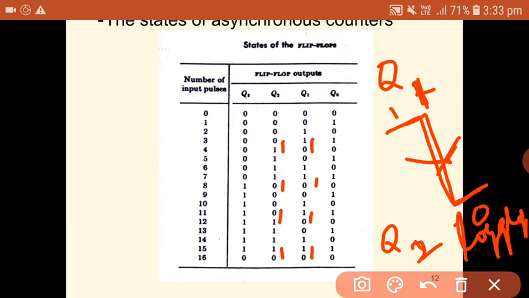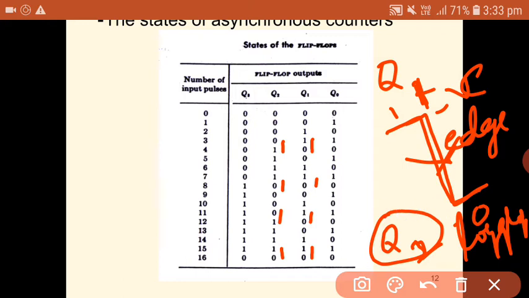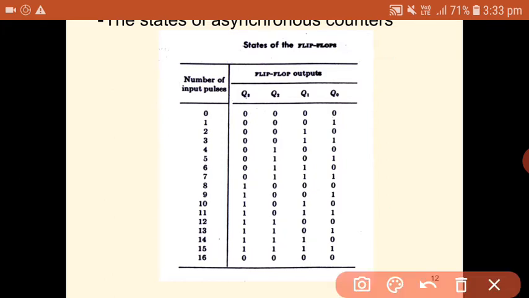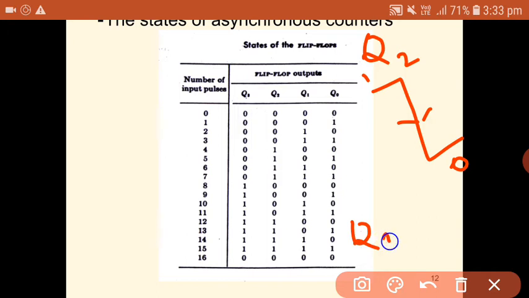That means negative edge triggering again, which is nothing but the clock input for the FF2 flip-flop. Similarly, whenever Q2 is changing its state from logic 1 to logic 0, then only Q3 toggles.